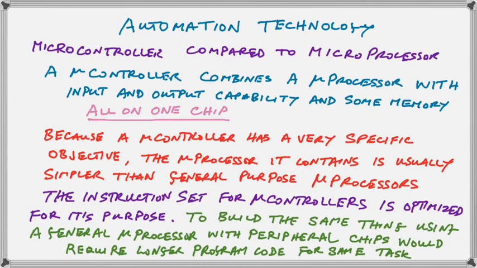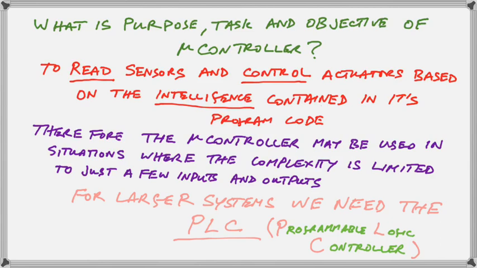So the control commands are built right into the instruction set. So therefore you can do what you want to do with a far shorter piece of code than if you had to write the code to do it in the general purpose microprocessor system. So those are the salient points of that.